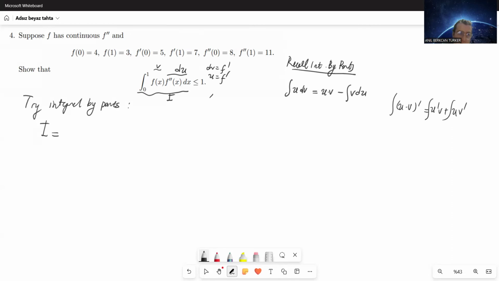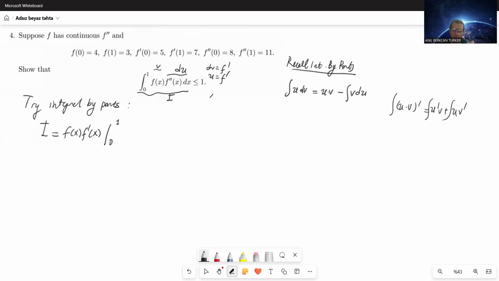So f(x) and f prime(x): we need to evaluate at the boundaries 0 and 1. Since it has derivatives of order higher than one and is continuous, you can just evaluate at these points. There's no need to take limits. That's what I'm implying: this is a proper integral.